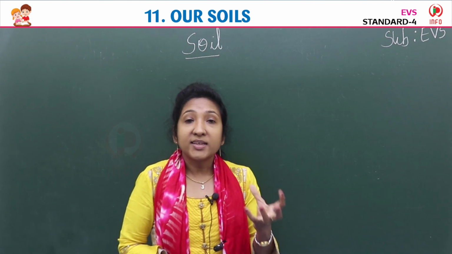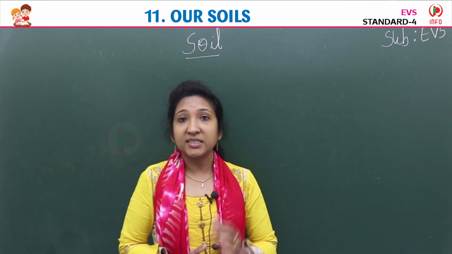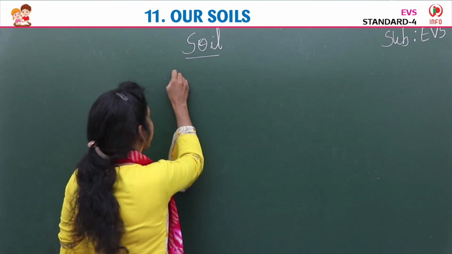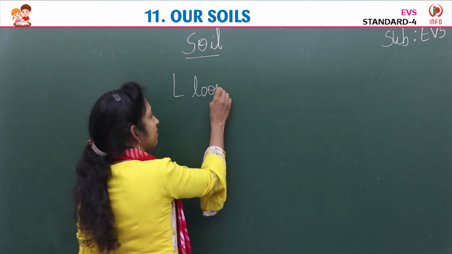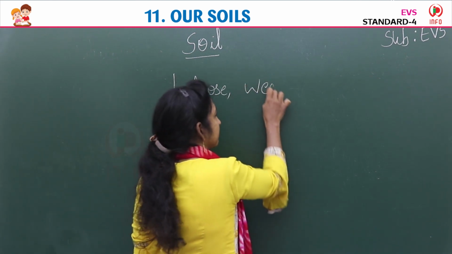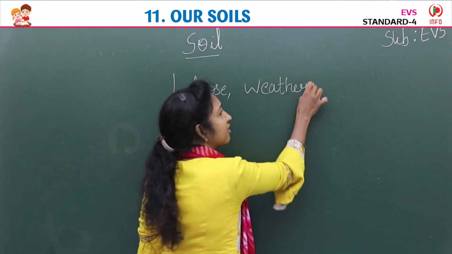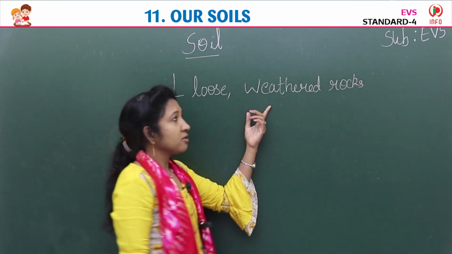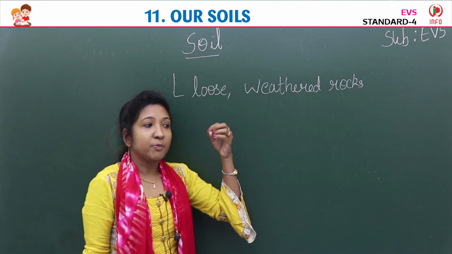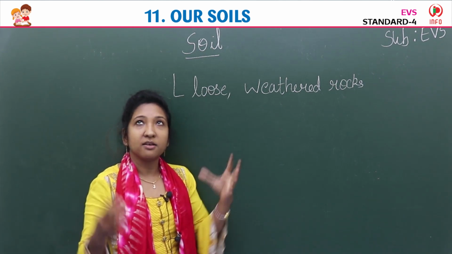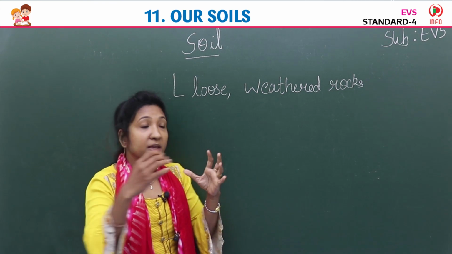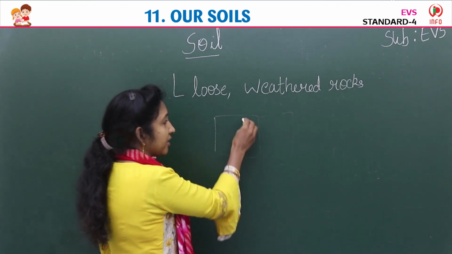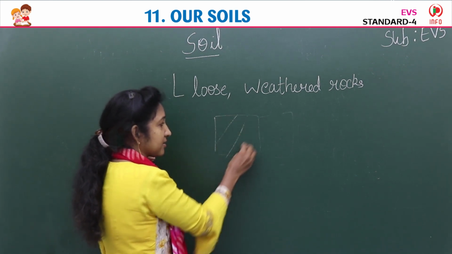So what is soil made up of? Soil is made up of loose, weathered rocks. What do you mean by weathered rocks, children? Weathered rocks means, because of heat, wind and rain, big rocks break into small rocks.